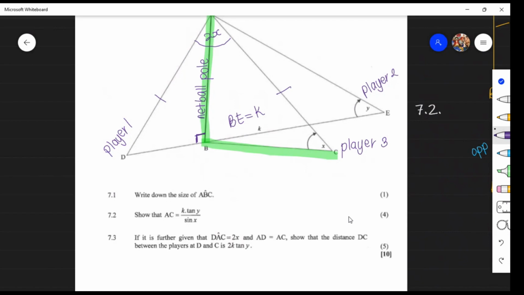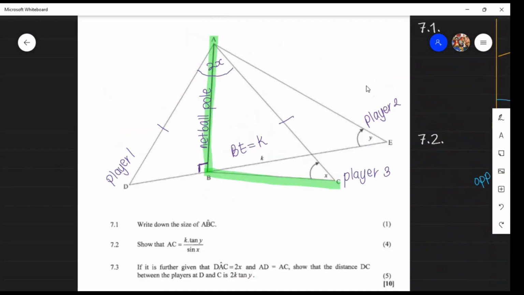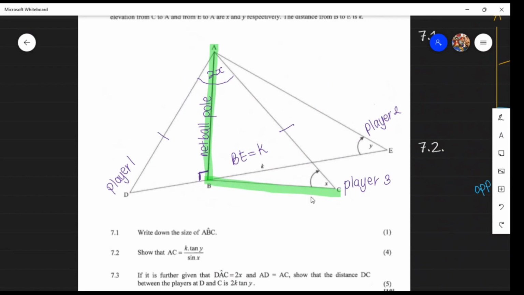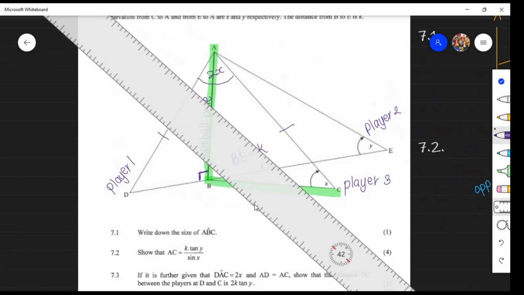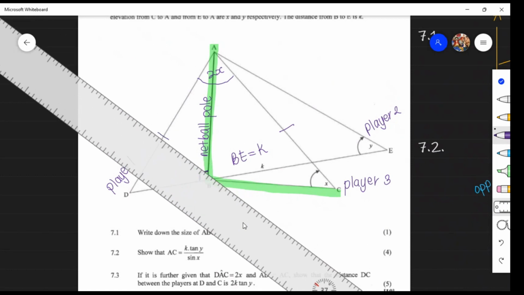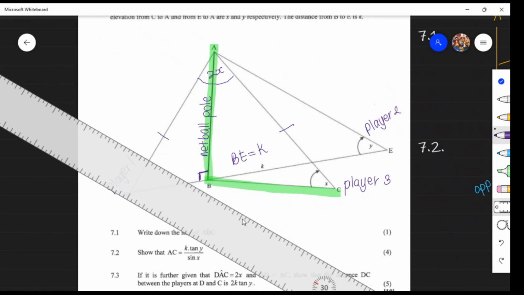3. So we were now told that the angle DAC is 2x and AD is equal to AC, and we need to show that DC is equal to 2k tan y. So let us now connect the side DC so that we have a full triangle.